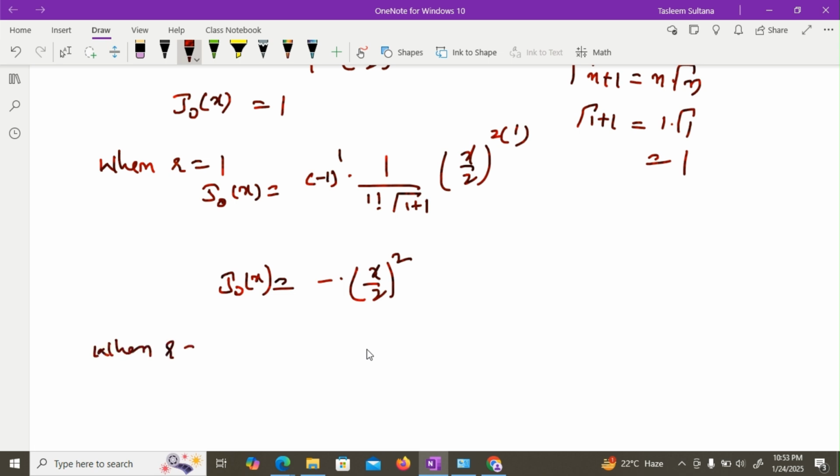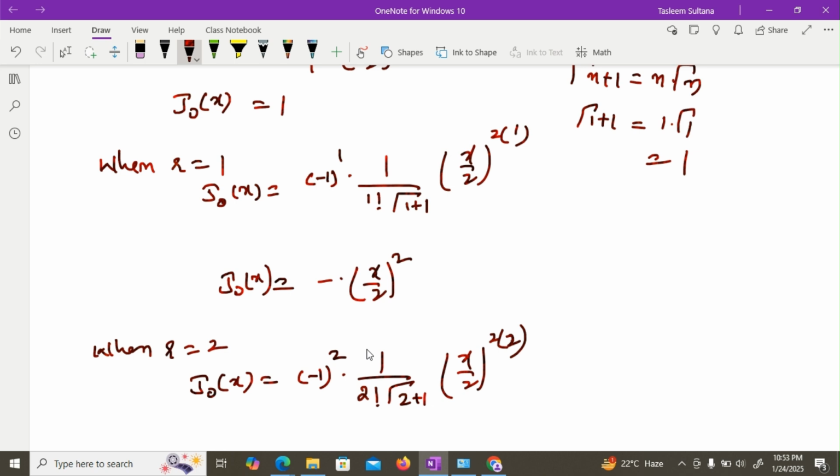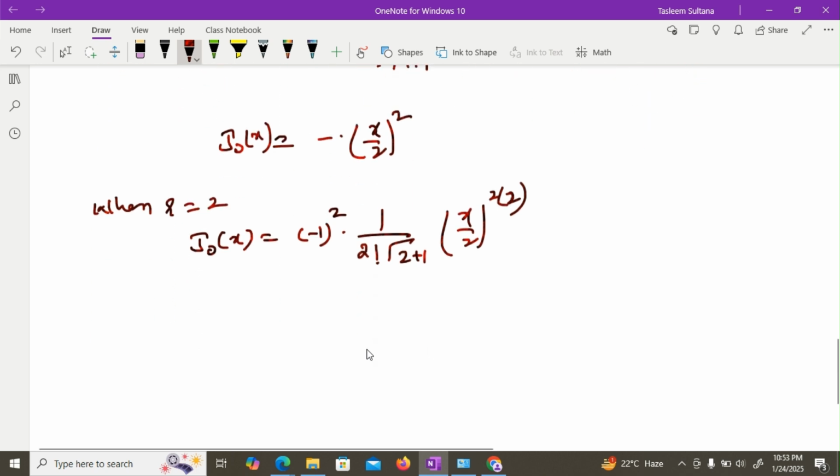Now next we will substitute when r is equal to 2. What are we going to get? When r is equal to 2, J0 of x is equal to minus 1 to the power of 2, 1 divided by 2 factorial gamma of 2 plus 1, x by 2 to the power of 2 into 2, where you see that gamma is already in the form of gamma n plus 1.